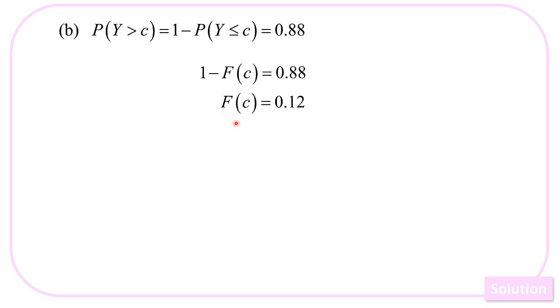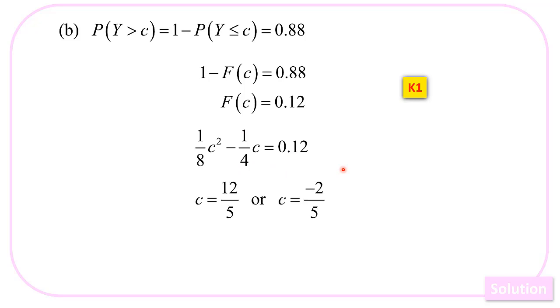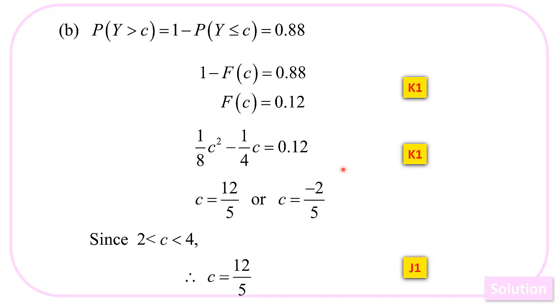Then substitute into the function. We have 1 over 8 c squared minus 1 over 4 c equal to 0.12. Find the value of c. There are two values. Since c is between 2 and 4, we choose c equal to 12 over 5. So the marks here are K1, K1, J1.